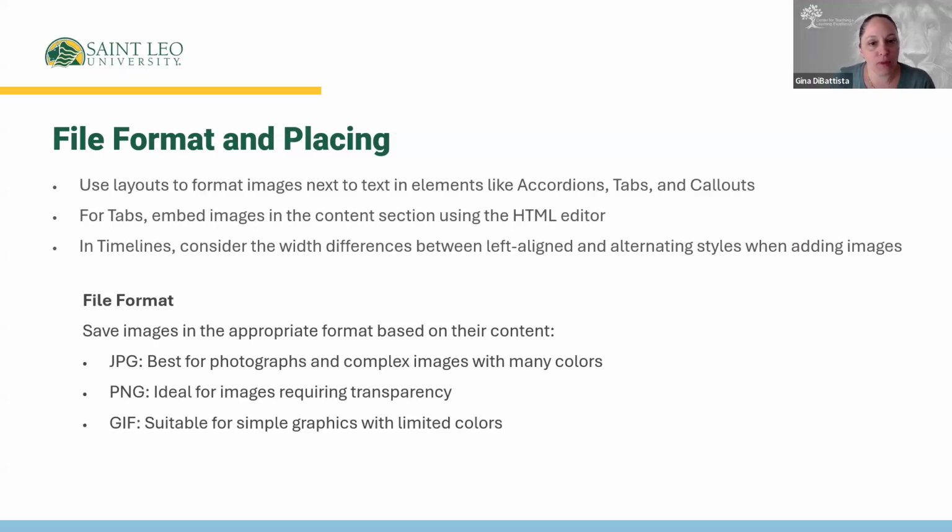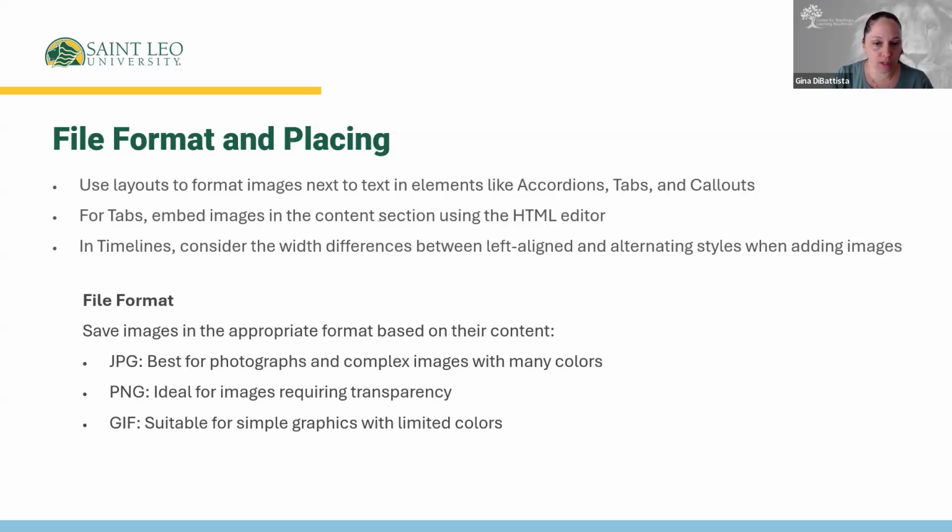So the file format and the placing in Creator Plus is also going to be something that you're going to want to pay attention to. The use of layouts and the formats next to different elements like the accordions, the tabs, the callouts, depending on where exactly you want your image to display next to the content that you're using. They recommend for tabs, embedding images in the content selection using the HTML editor, which when you're in there, you'll see the editor part of it and be able to navigate for that.